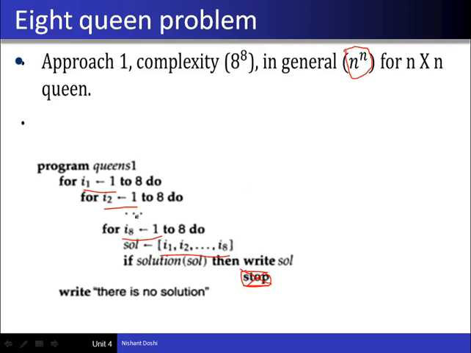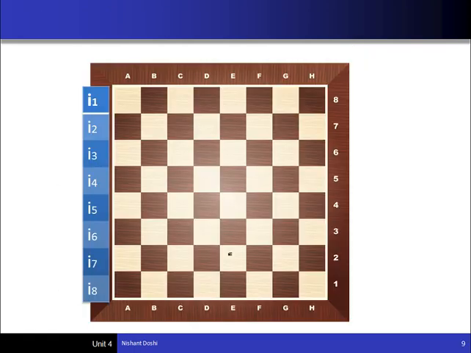So this is the tester. It means here I3, I4, I5, I6, I7, I8 will all be utilized, and then you have to check whether this particular solution vector is actually our solution. If it is a solution, you are going to print it, otherwise stop. So let's take our 8 cross 8 graph again.